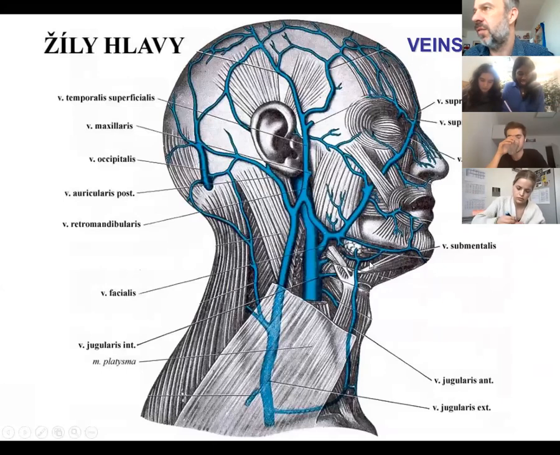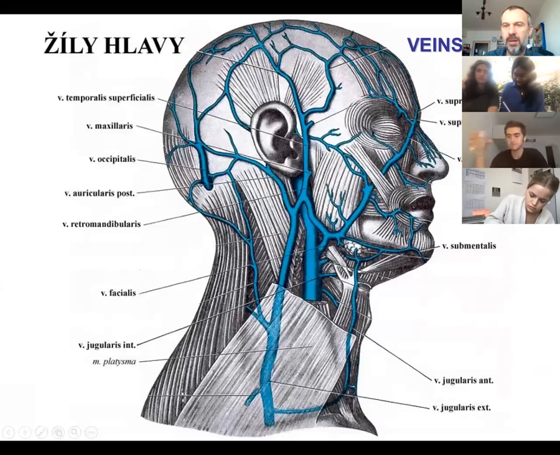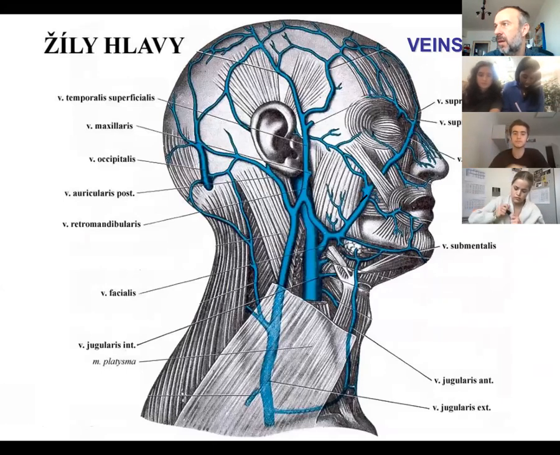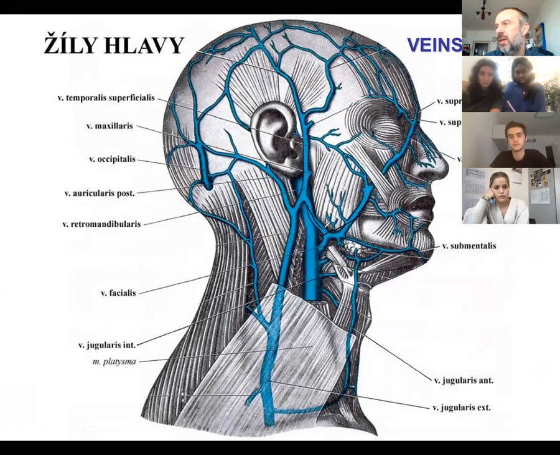So when we come to this figure, for example, again, we can see the facial vein, the posterior division of the retromandibular, and then the common facial vein into the internal jugular. Posterior division and posterior auricular together, external jugular.